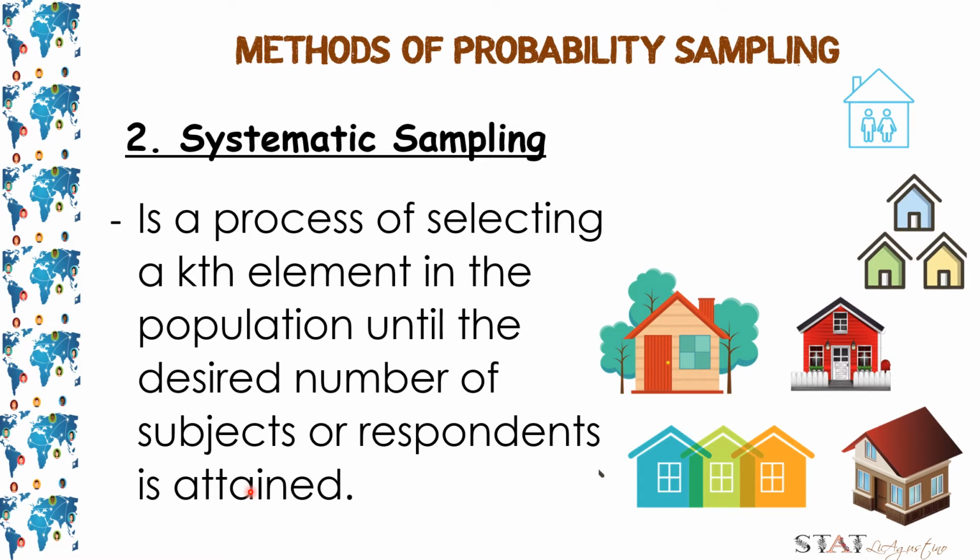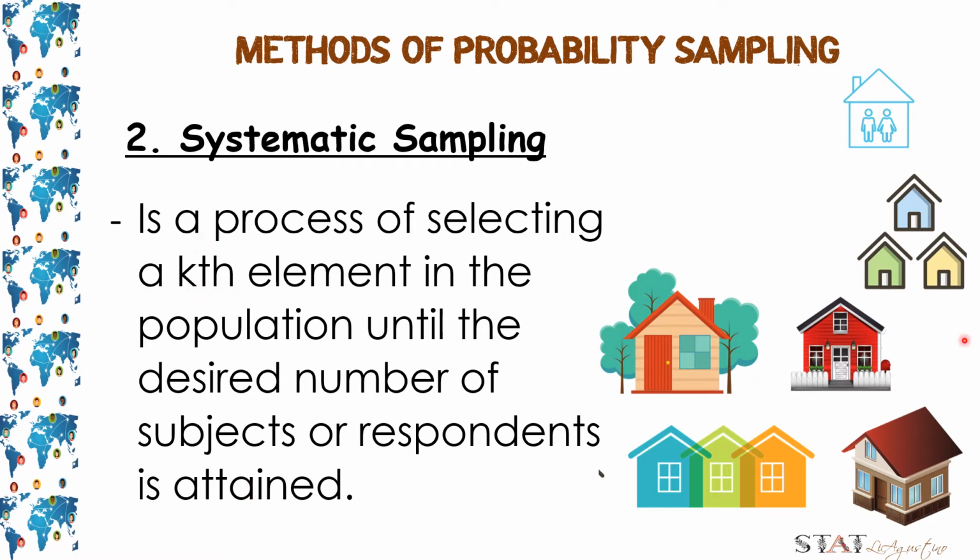And then I will say every third student in the list or in the sampling frame will be my respondent. So third, and then 6, and then 9, and then 12, they are my respondents. Every kth element, k meaning third, fourth, so you can choose.